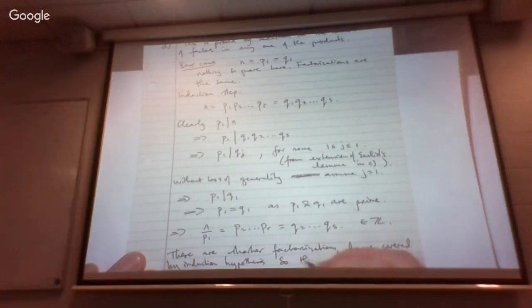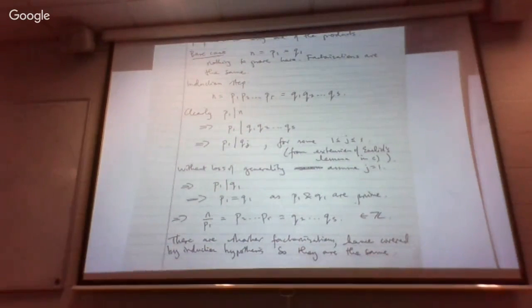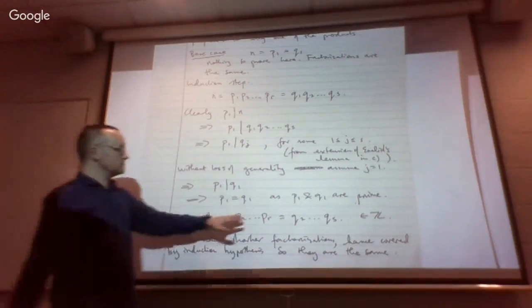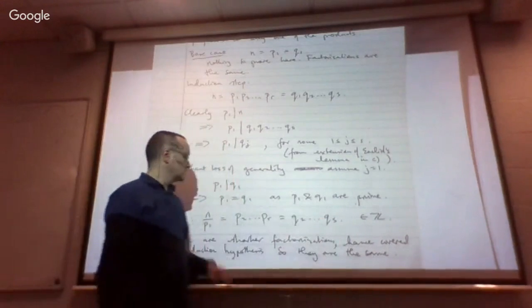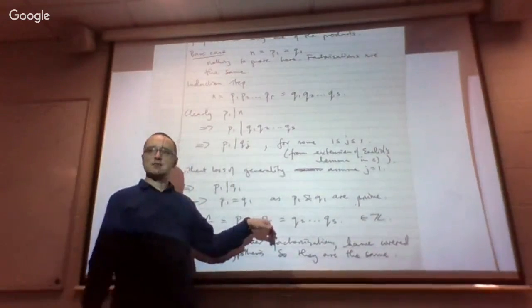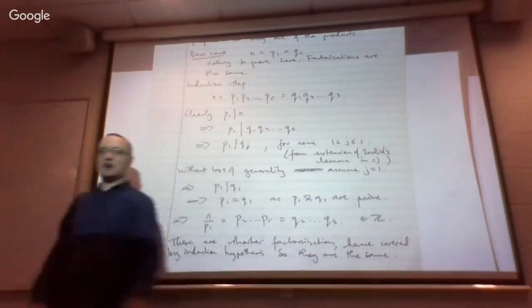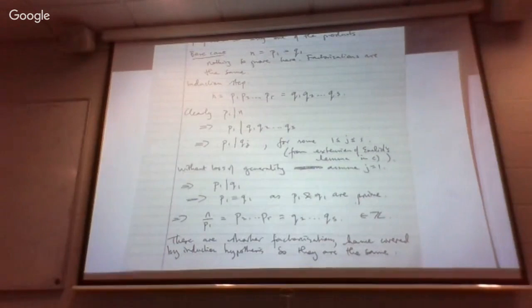So they are the same. That's the result we're proving, that the two possible factorizations are the same. So therefore, these two must be the same. So R must be equal to S, and the primes listed in the P product here must be exactly the same as the primes listed in the Q product.